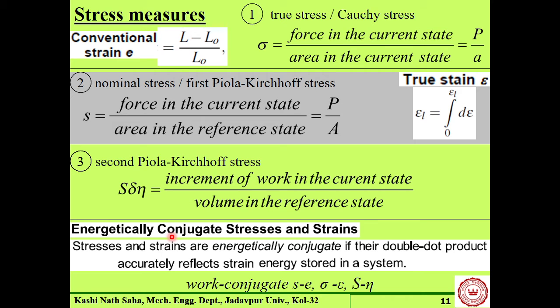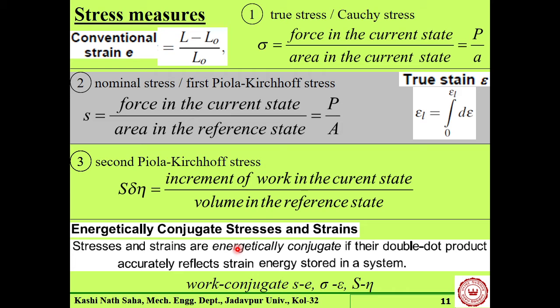This energy measure would be identical, or we will get the actual energy stored in the material, if we take these combinations. So, these combinations of stress and strain are energetically conjugate. This is true in any other area of mechanics, thermodynamics, whatever.